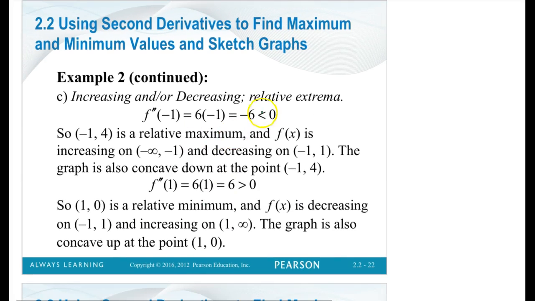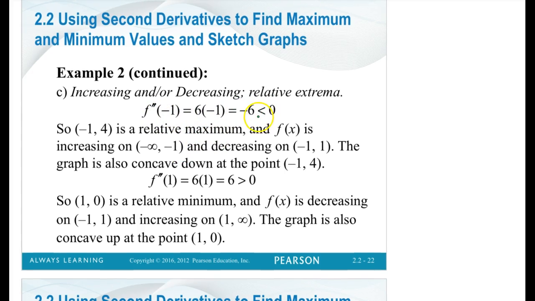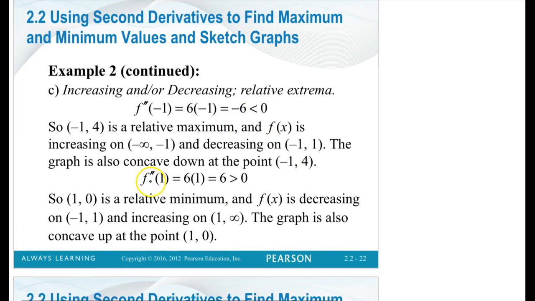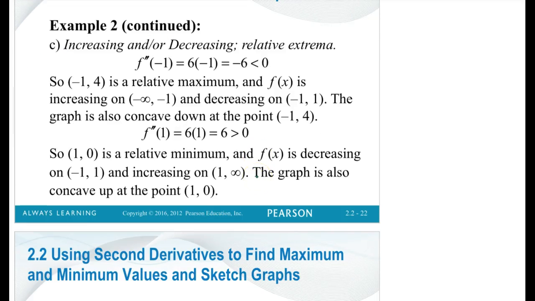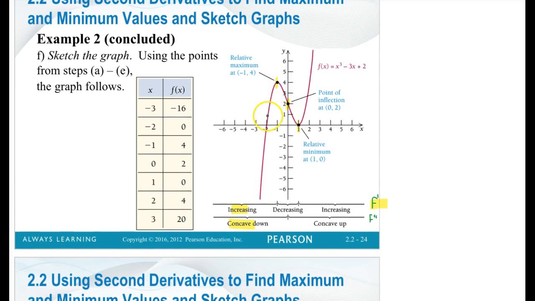And then we go through increasing and decreasing, where you can see where it changes direction, where you have the relative maximum. You found that it's negative here, right? And then when you plug in the other critical point, it's positive. And so in those situations, if you reread that, you can see there's a maximum. You have the concavity here.